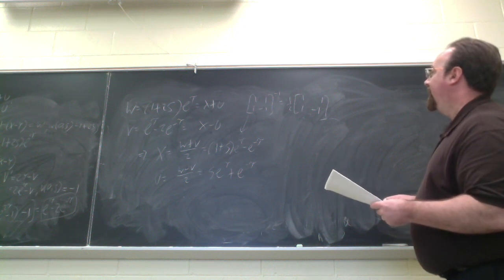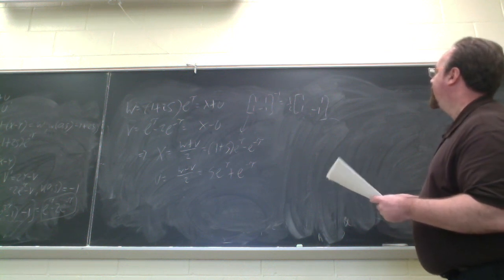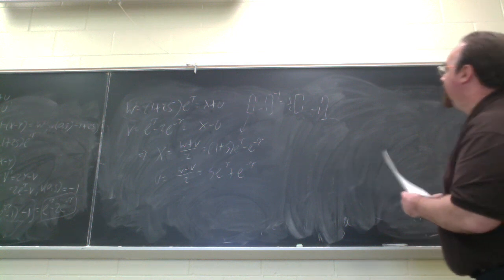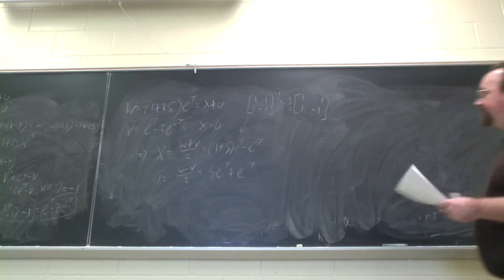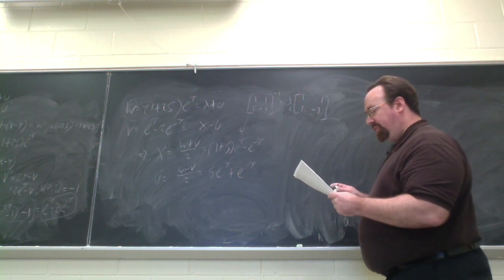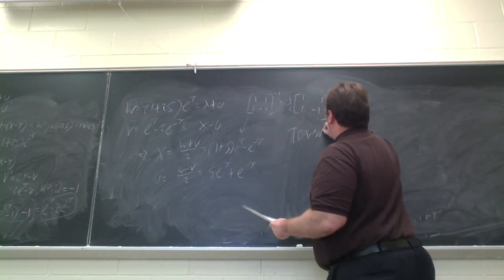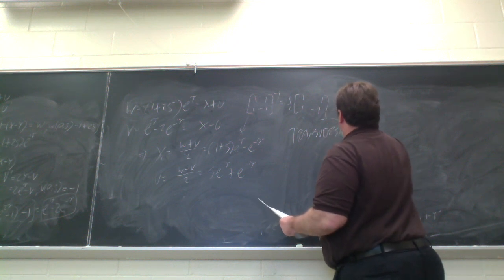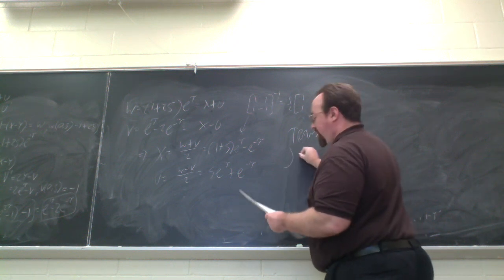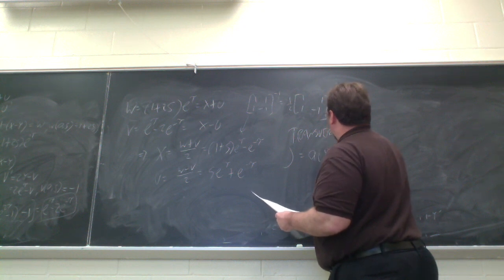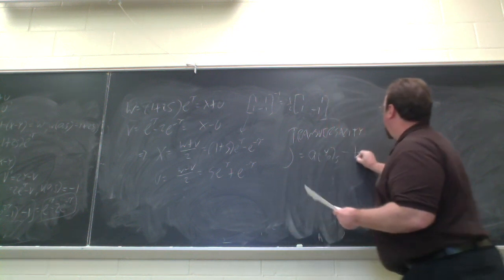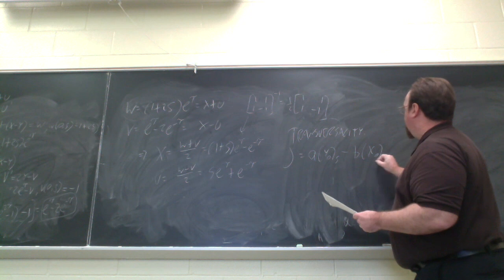So now the last thing to do is, I want to check the transversality condition. So the Jacobian is a times the derivative of y naught with respect to s, minus b times the derivative of x naught with respect to s.